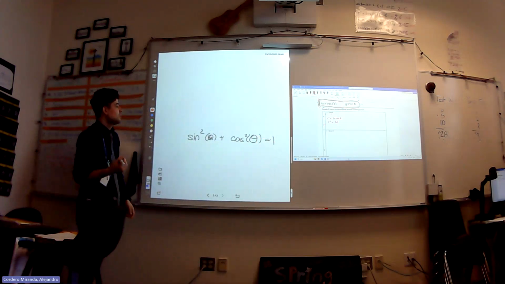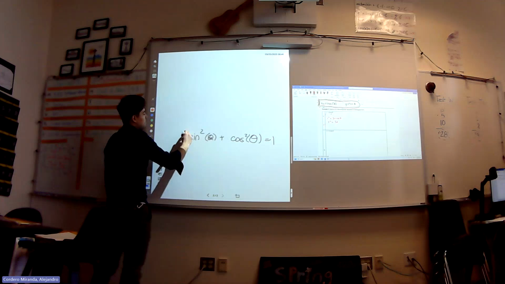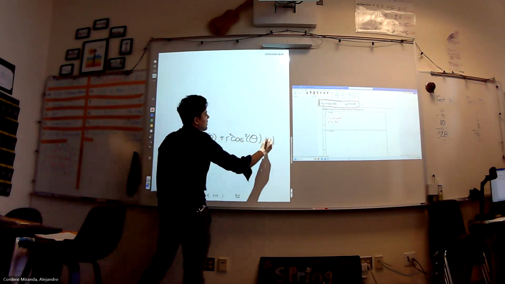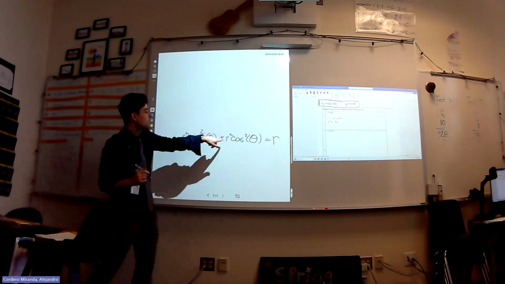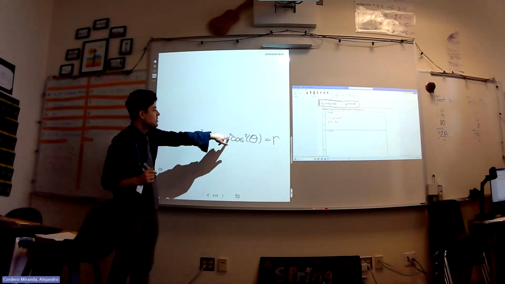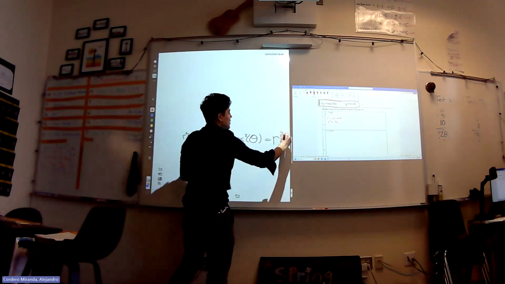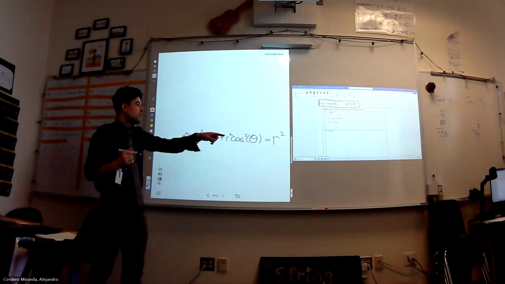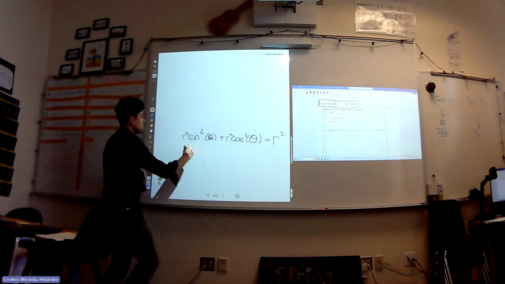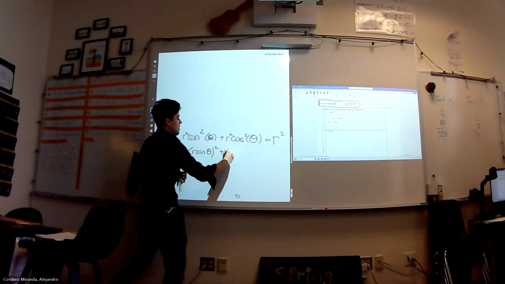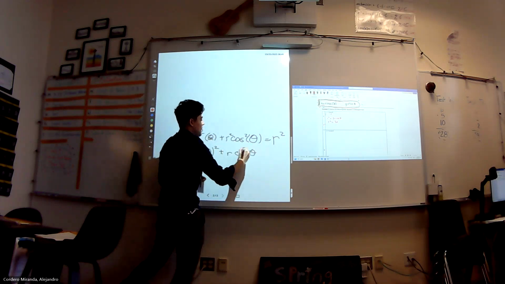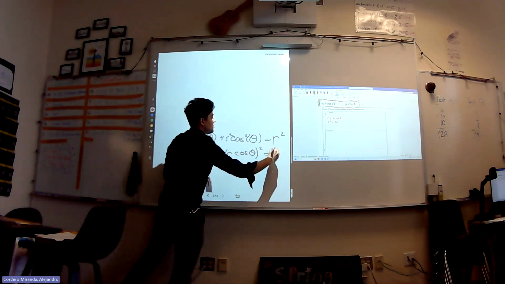Okay, so then watch this. If I had put r squareds in here, if it had been r times sine of theta and I squared that, anyway, if I get r squared sine squared theta plus r squared cosine squared theta, I would get r squared here. And this is just the same thing as this.